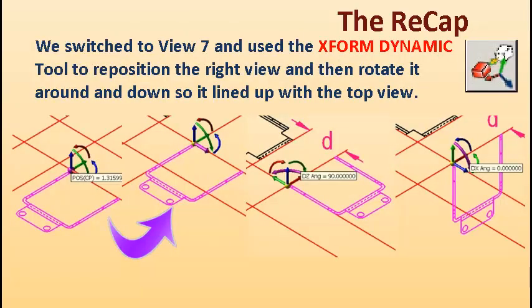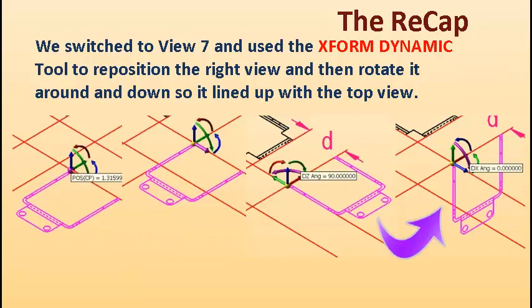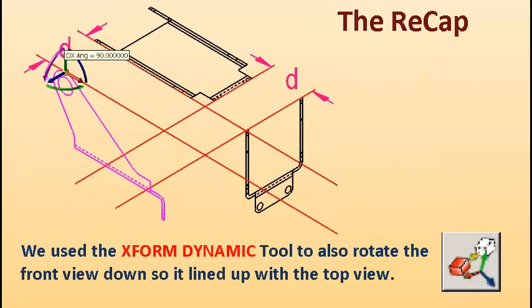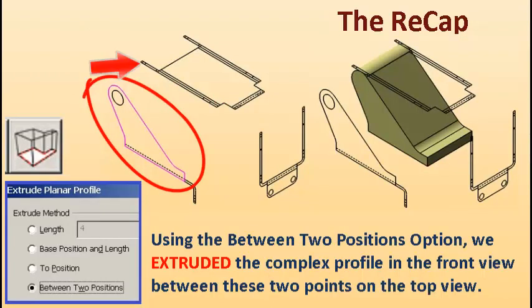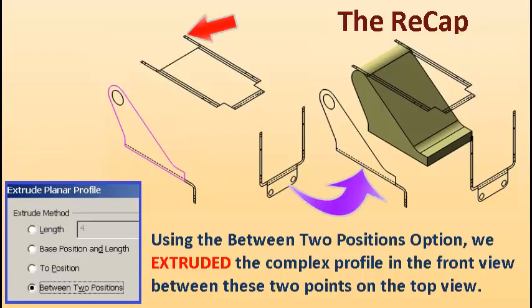We switched to view 7. Used the X-Form Dynamic tool to reposition the right view, rotate it around and down so it lined up with the top view. And then we used the X-Form Dynamic tool to also rotate the front view down so it lined up with the top view. Then using the Between Two Positions option, we extruded the complex profile in the front view between these two points.